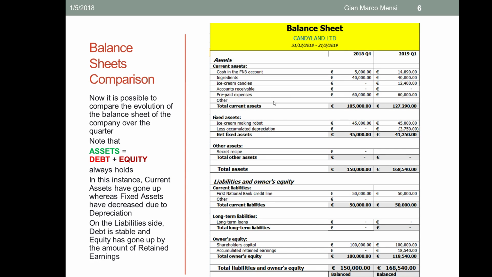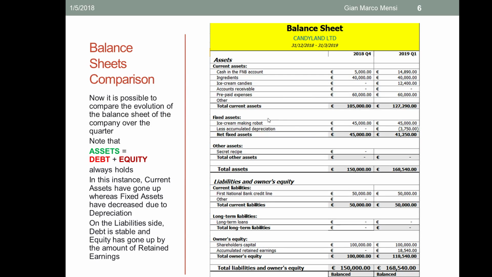If you look at how the company has changed, we have more cash at the bank. Ingredients have remained constant, whereas we have some stocks: 12,400 euros worth of candies that we can sell in the course of the quarter. Prepaid expenses are the same because we have simplified things quite a lot.